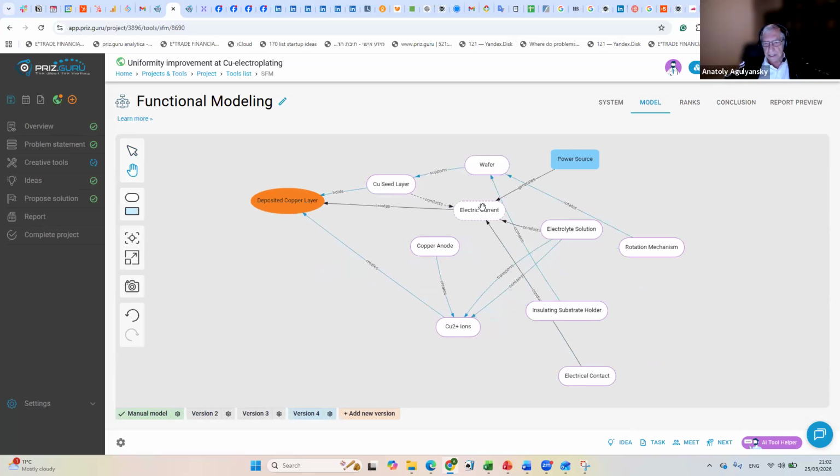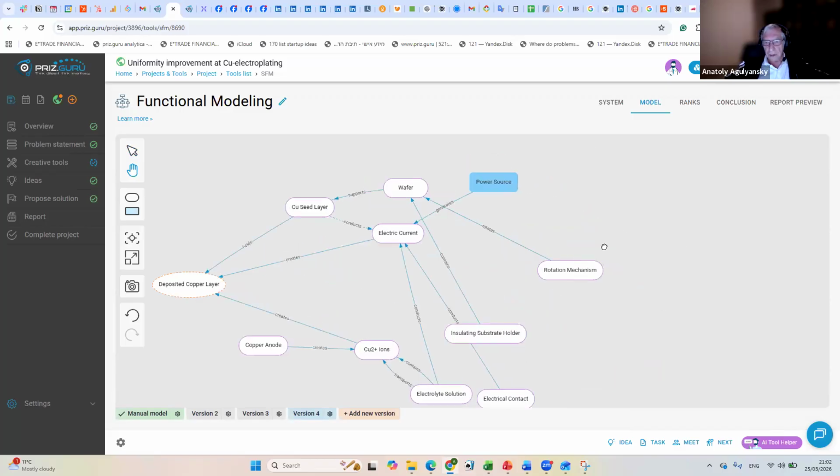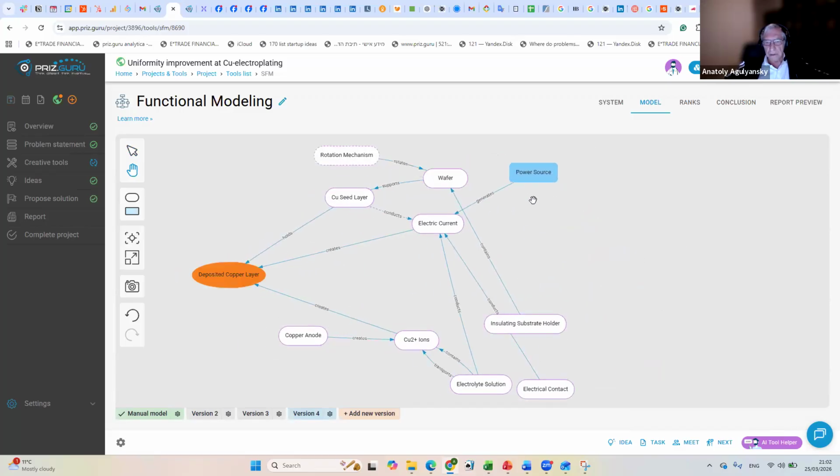But this is a basis that we can start to work with, and we can go in two directions. By the way, what I see is that it didn't separate seed on the periphery from seed on the central part. We should add it.